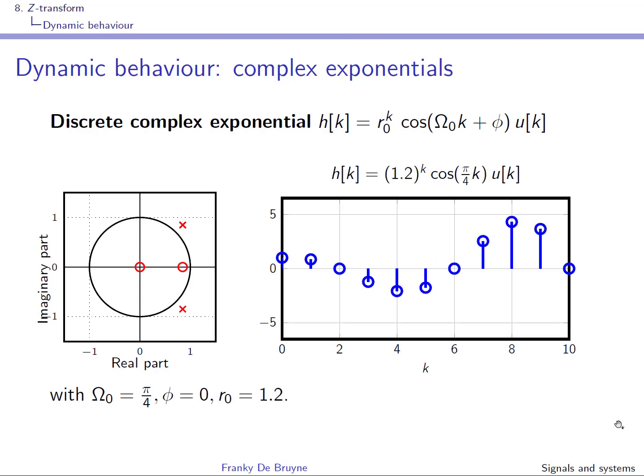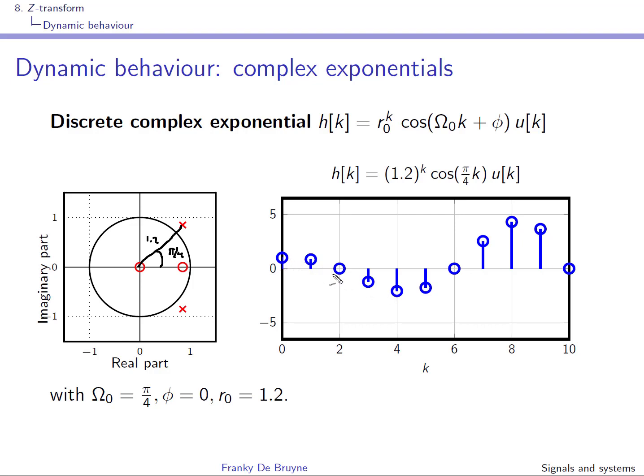In this example, the radius is 1.2 and the angle is pi over 4, and here we have taken the cosine example. This is indicated by the 0, but as I've said, this is not so important. You can see that the poles here are outside the unit circle, so of course the impulse response will diverge.